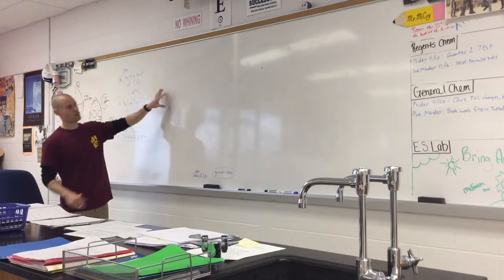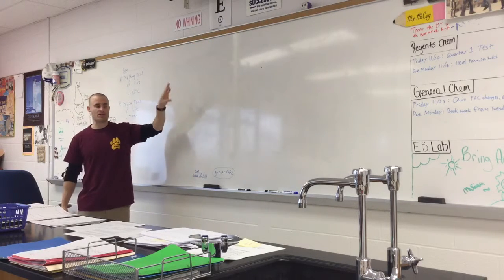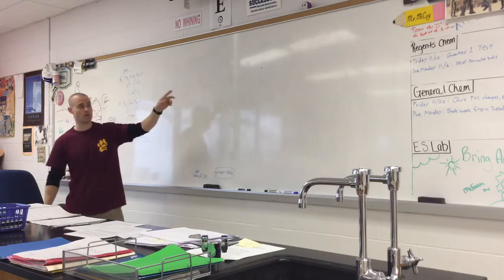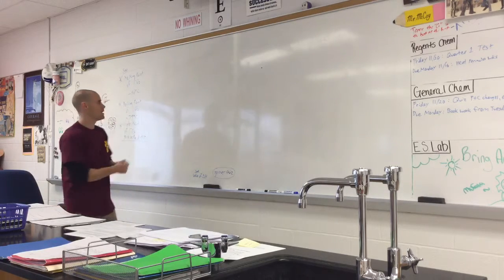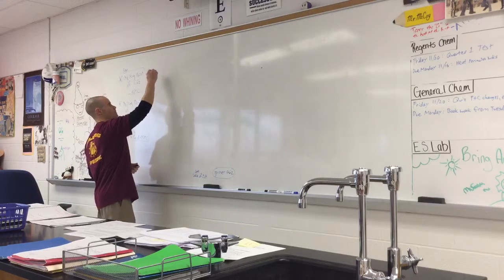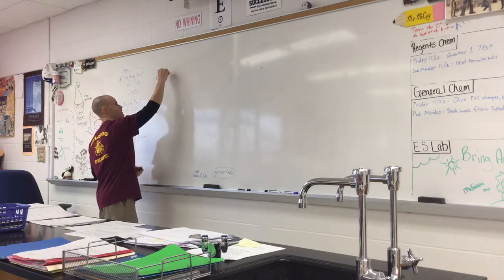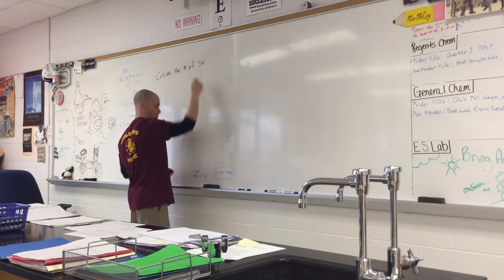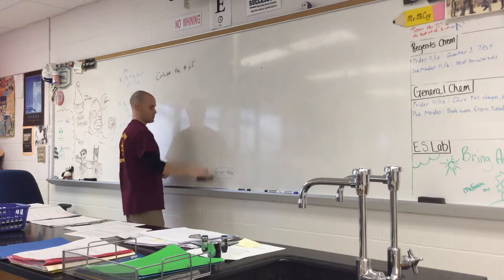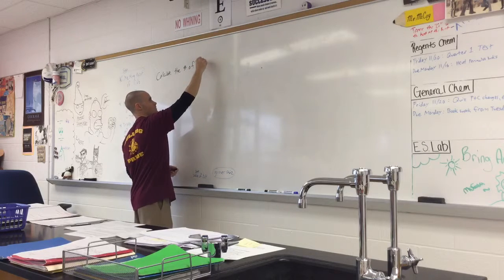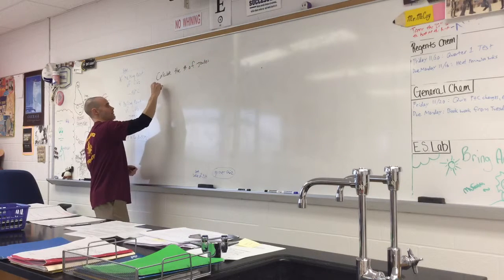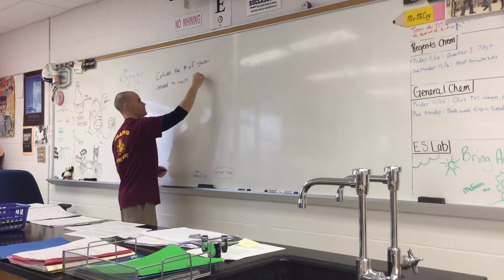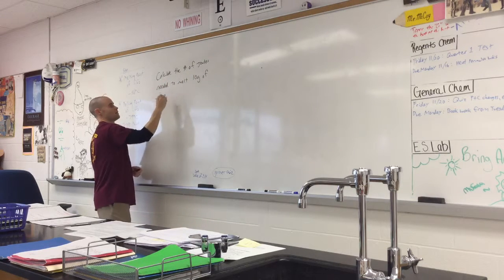All right, so I'm going to give you 2 problems next to each other. One's going to be using Q equals MHF. One's using Q equals MHV. We'll talk about the difference. Okay, so here we go. Here's the first problem. Calculate the number of joules needed to melt 10 grams of ice.